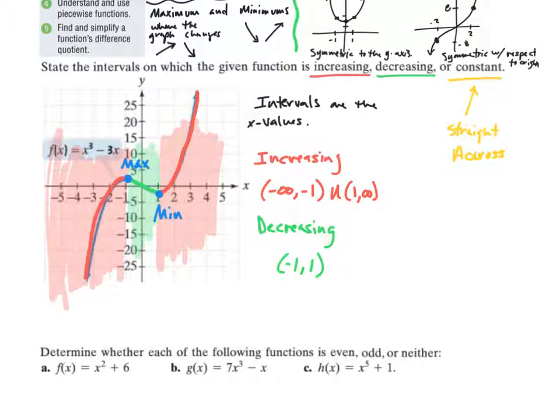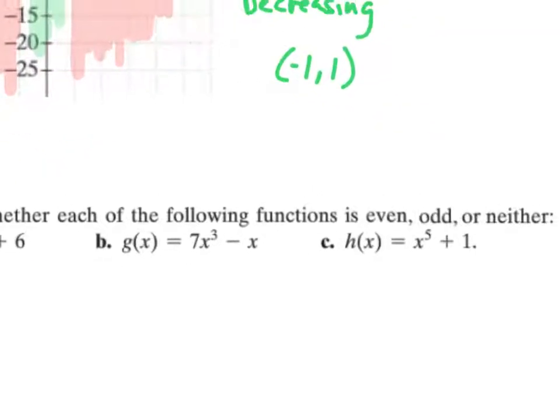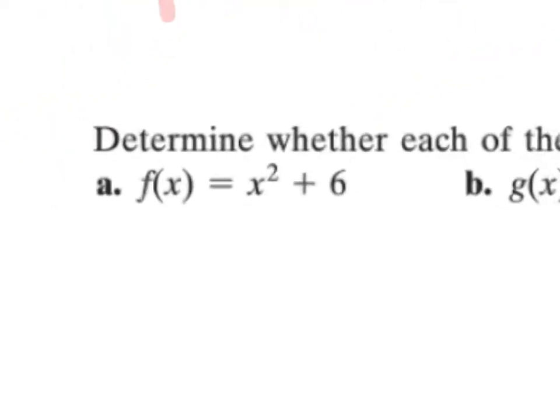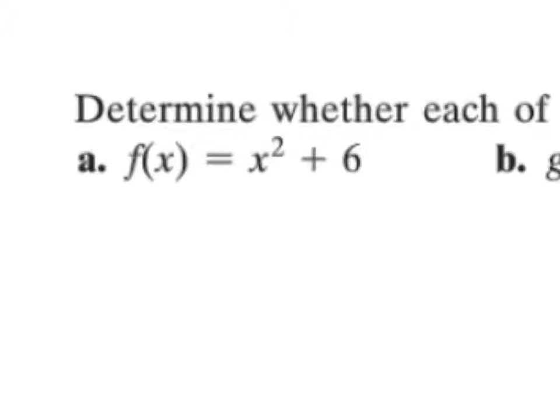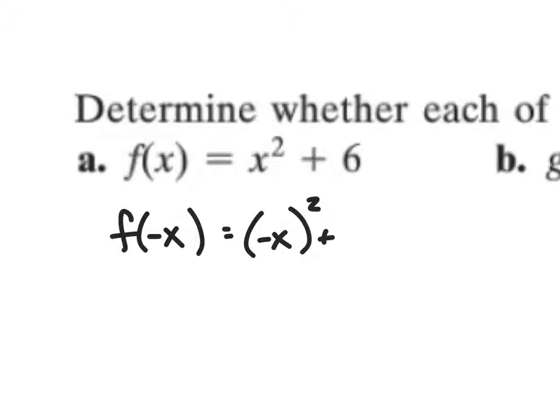Now let's take a look at these problems down here, where it asks us to determine whether each of the following functions is even, odd, or neither. Let's take a look at this first one. One way you can do this is simply by plugging in negative x into that function. When I plug that in, I get negative x quantity squared plus 6. We want to see what happens.